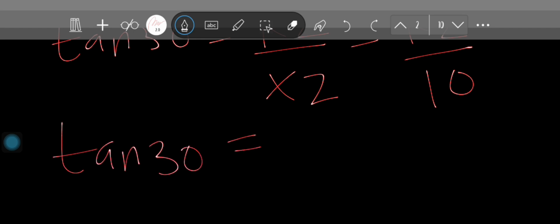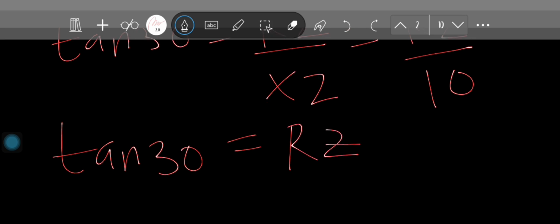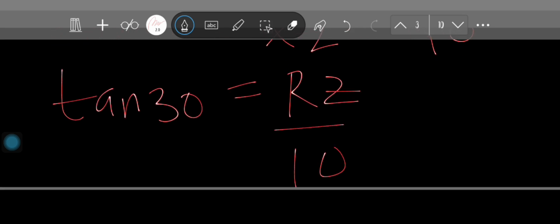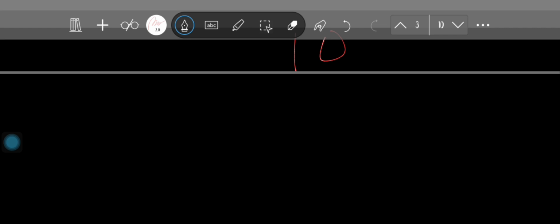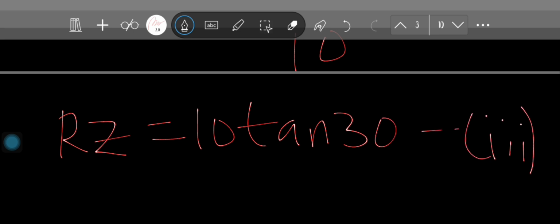When we cross multiply, we have that rz equals 10 tan 30. Let's call that equation 3.